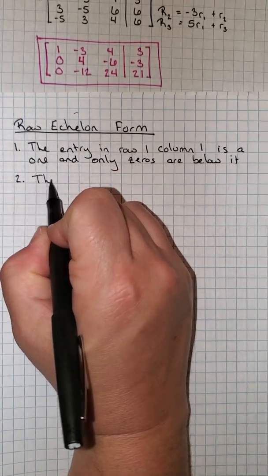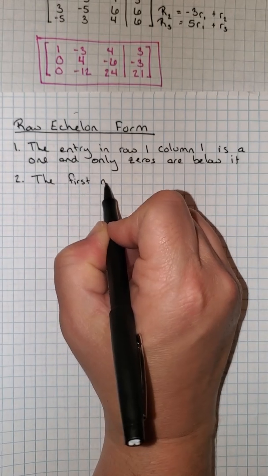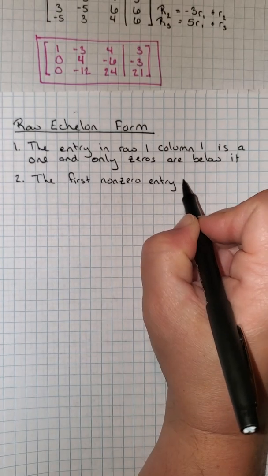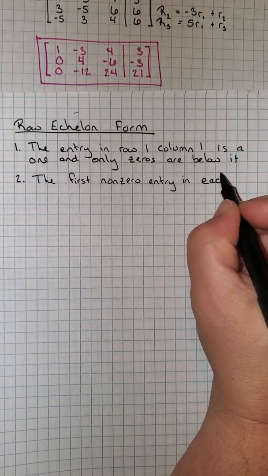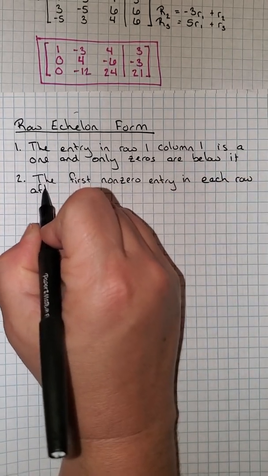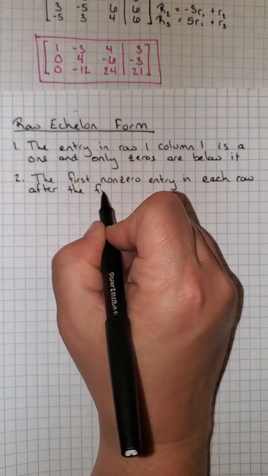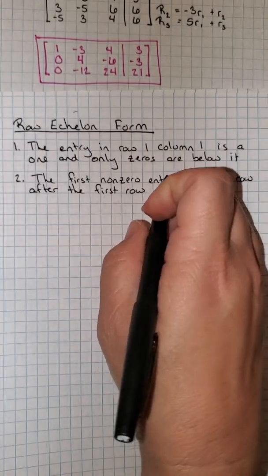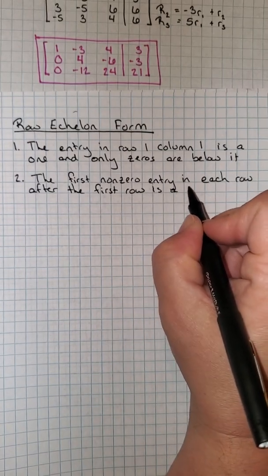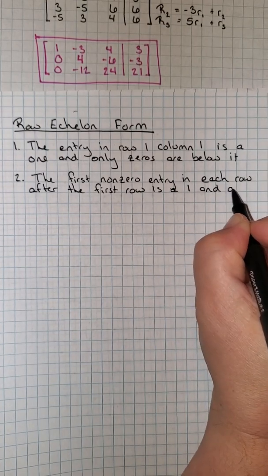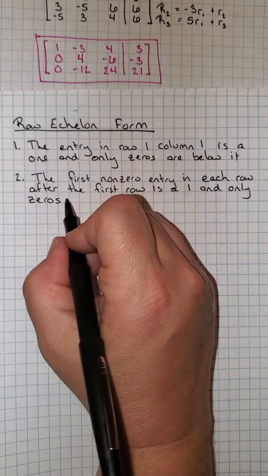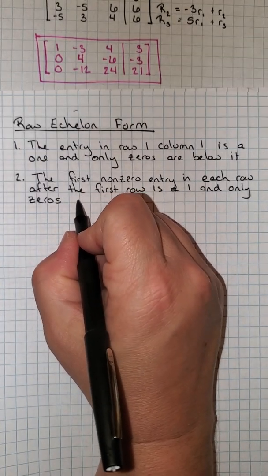So the first non-zero entry in each row after the first row is a 1, and only zeros are below it.